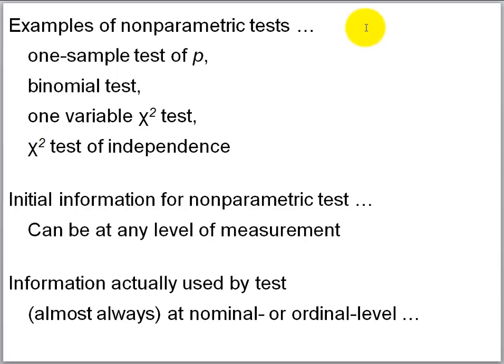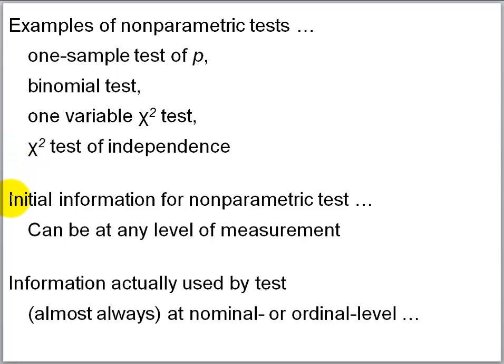Here are examples of non-parametric tests that we've covered. For instance, the one sample test of p is non-parametric. That's the one sample test of a proportion. The binomial test is as well, as is the one variable chi-square test and the chi-square test of independence.